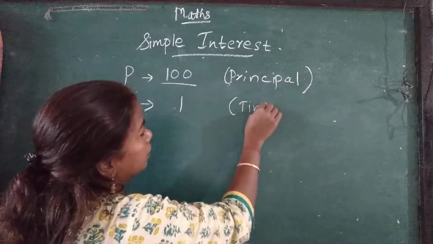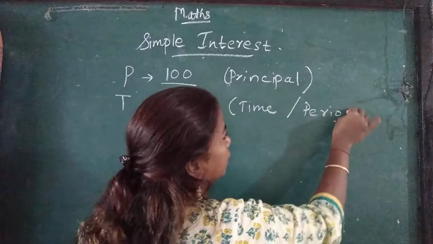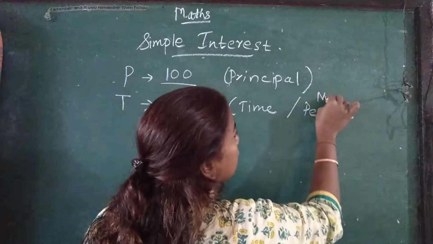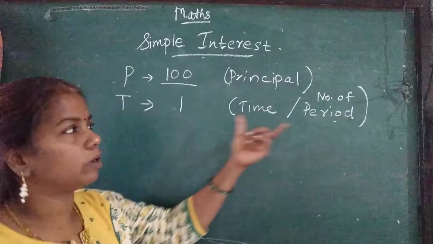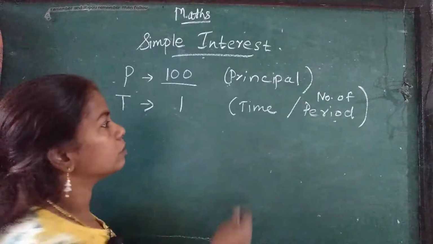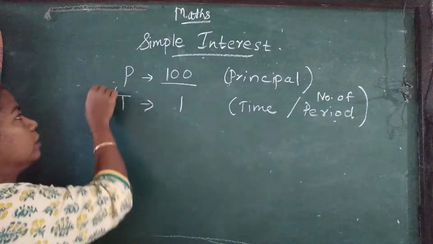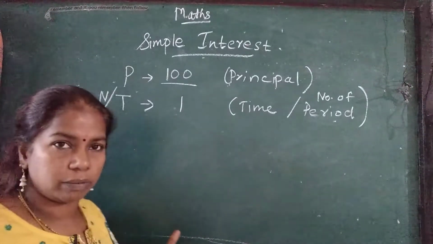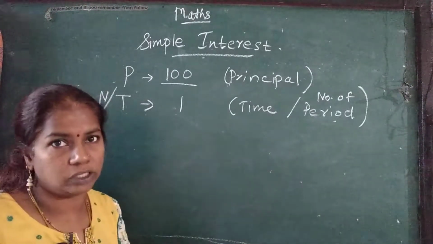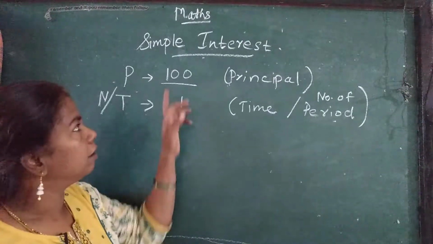You can call it time or period, that is number of periods. The short form is T, or you can put N also. Whichever is comfortable or whichever your teacher teaches in your school, you can use either N or T.